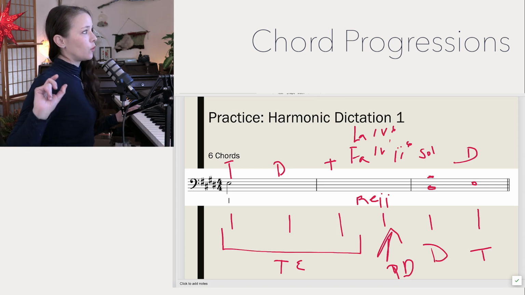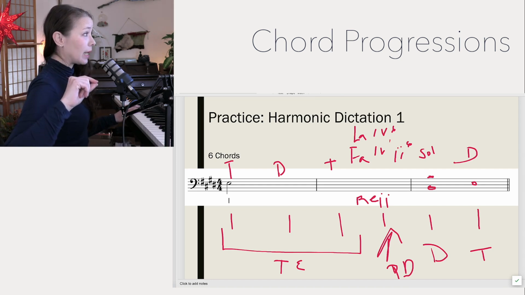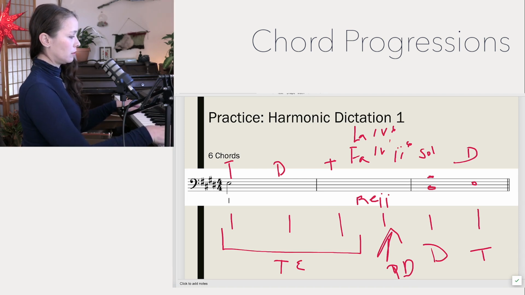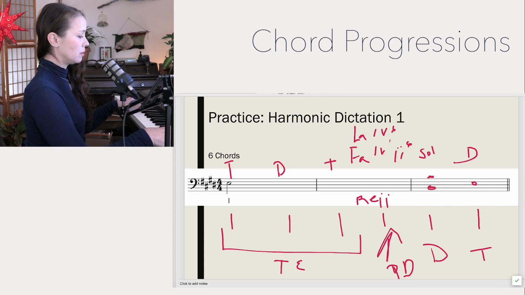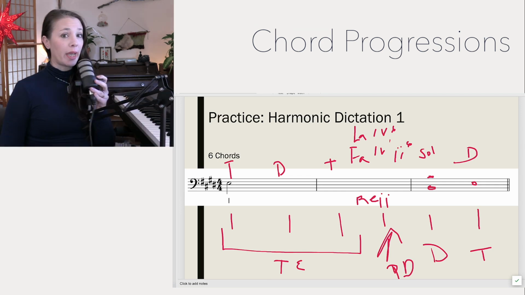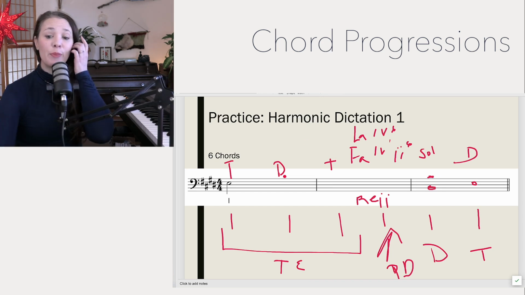Remember, you're listening for leaps versus steps versus skips. Okay, good. So we have a leap up to a dominant and then moves down by step. So it goes up, down by step. So that has to be do, fa, mi.